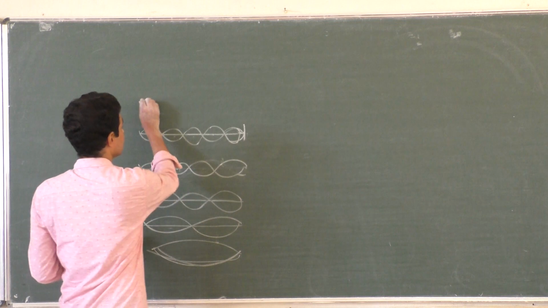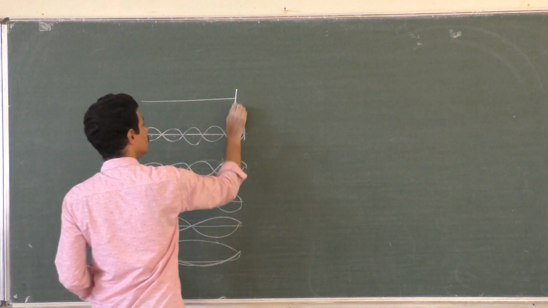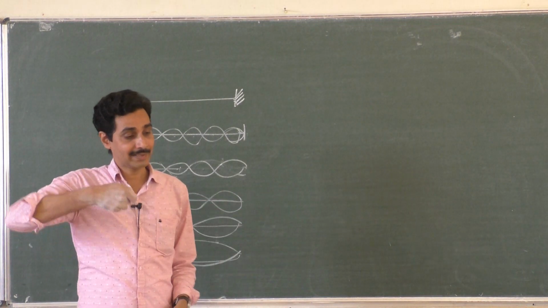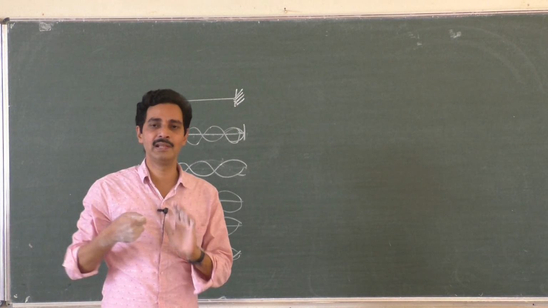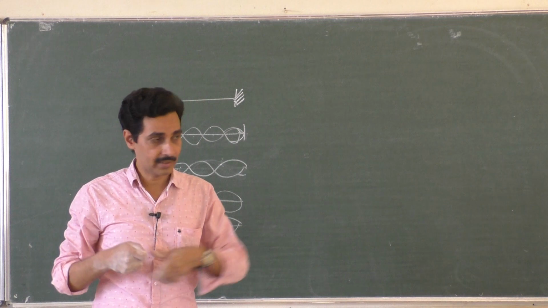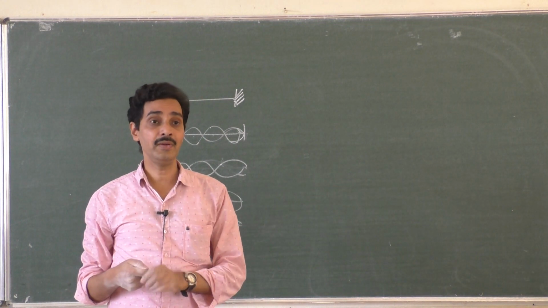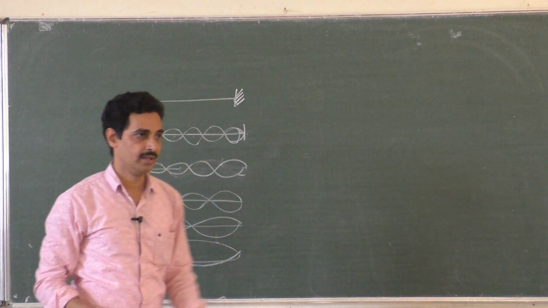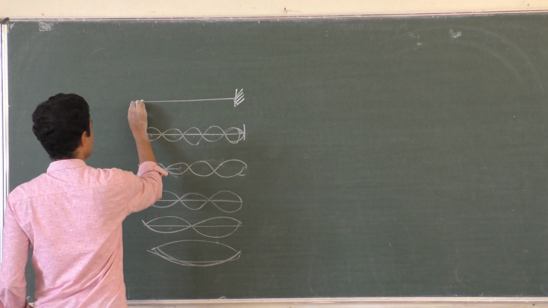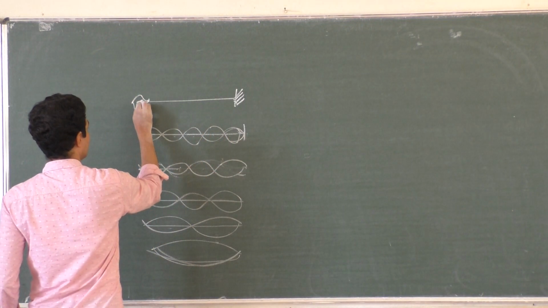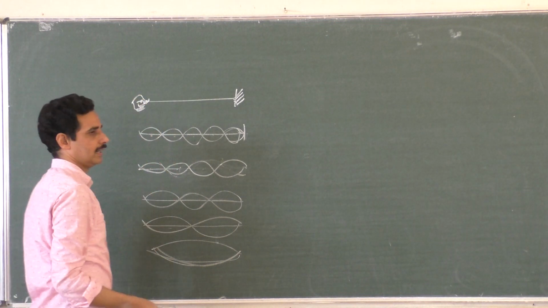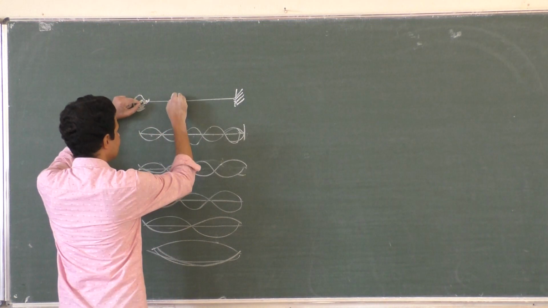When a string is made to vibrate, you must tie it at one end, correct? At the other end you have to hold it. That means the string is bound here and there. And wherever it is tied, there should be a node. There is no chance otherwise. So the fixed ends must be nodes. So you hold it here in your hands and pluck it here.